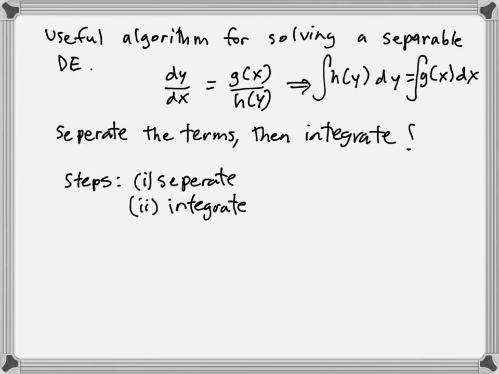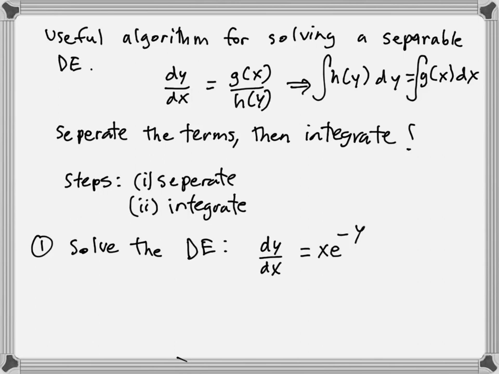Okay, so let's go ahead and do some examples. We're going to solve the differential equation dy dx is equal to x e to the negative y. Okay, so what do we do from here? We're going to multiply both sides by e to the y. And so here's what we get.